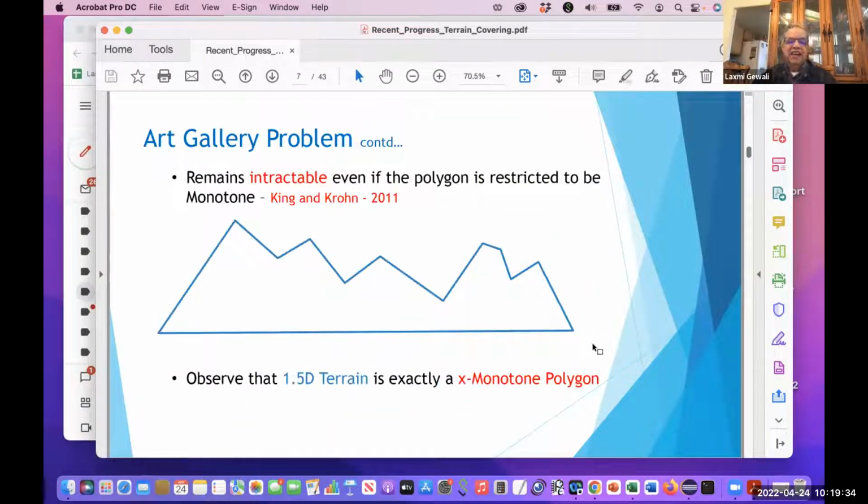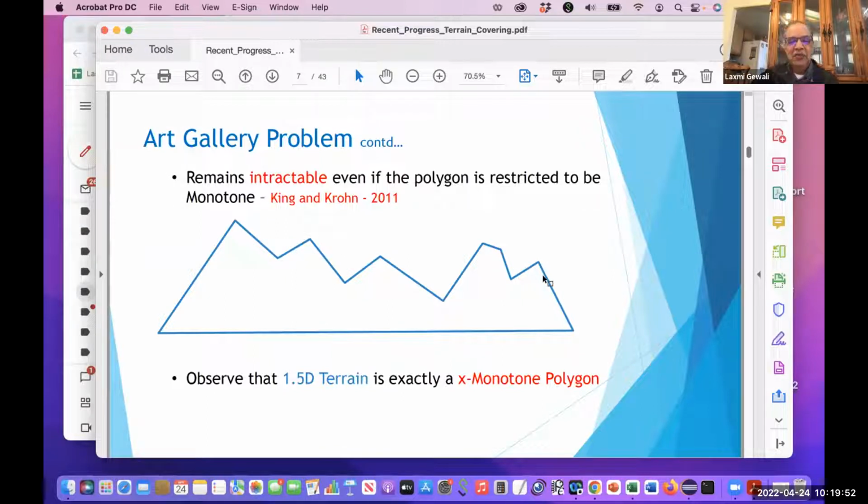Okay. Now, we model the problem as a very simple room in which the base is one big line segment, and then the upper part is a monotone chain. See, this is a monotone chain.